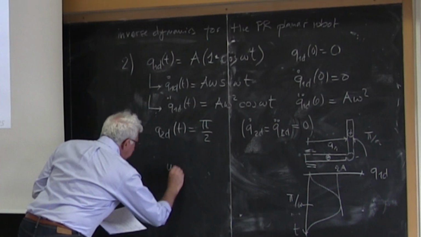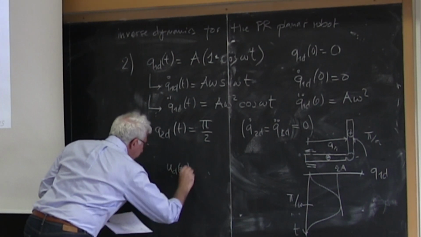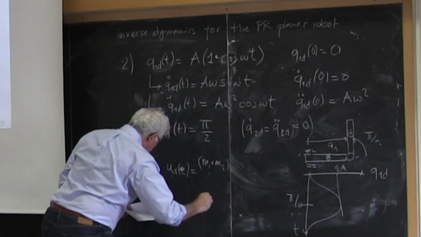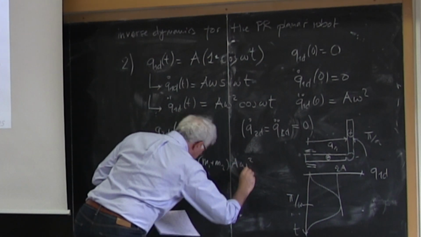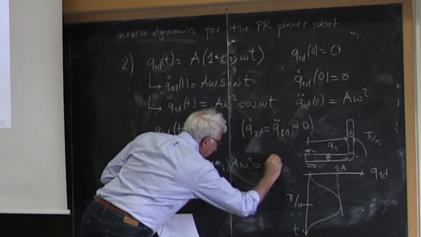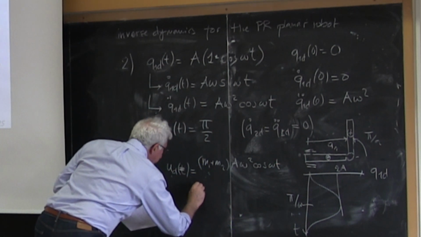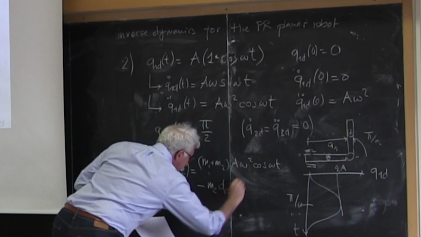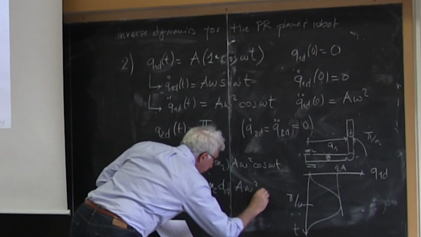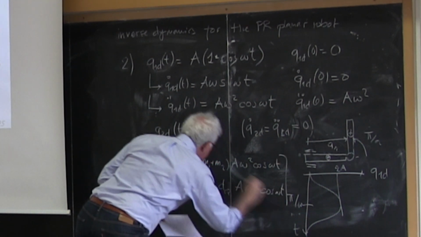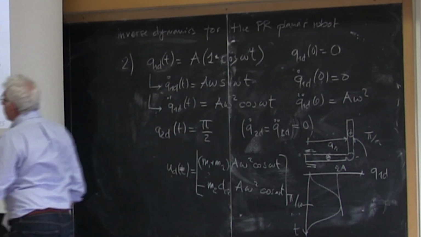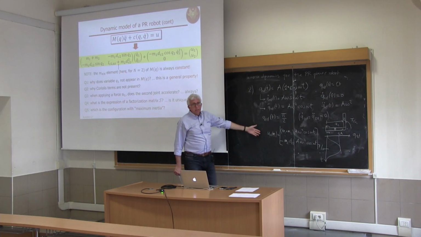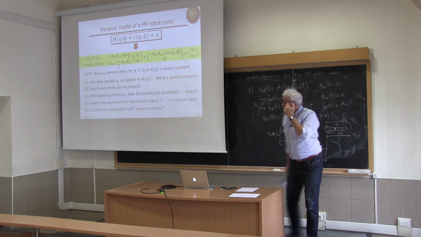And in fact, the desired torque, in this case, as a function of time, will be m1 plus m2 times a omega square times cosine of omega t, and the second will be minus m2 dc2 times a omega square cosine of omega t. And this computation follows from replacing on the left-hand side all the desired values and their derivatives and having this evaluation.